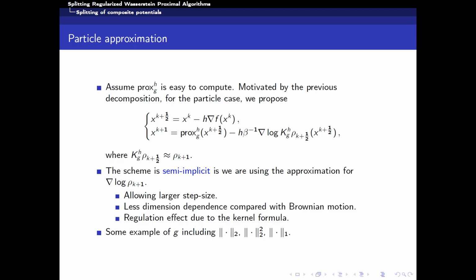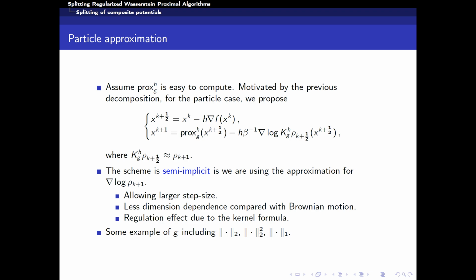So in that case, this is essentially a closed form update. We do not really need any optimization, or any very difficult approximation or optimization that appears in the JKO scheme. We just have a closed form update for the right-hand side. Okay?